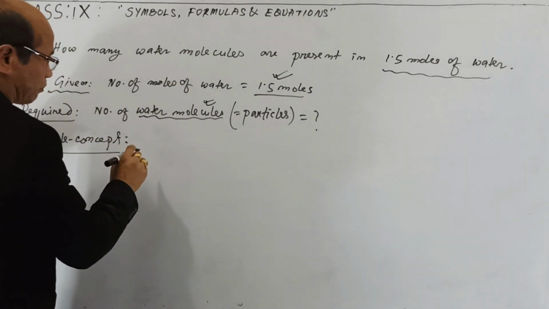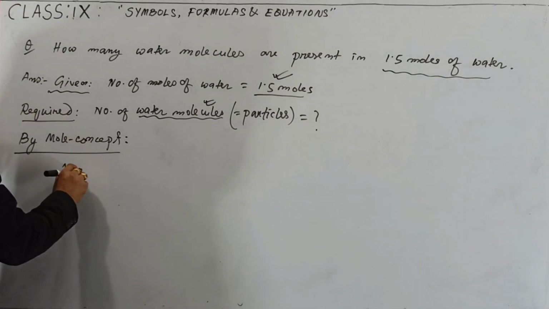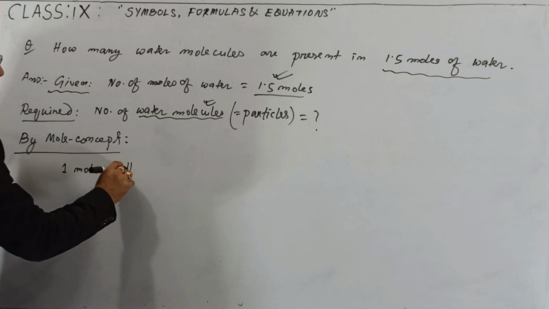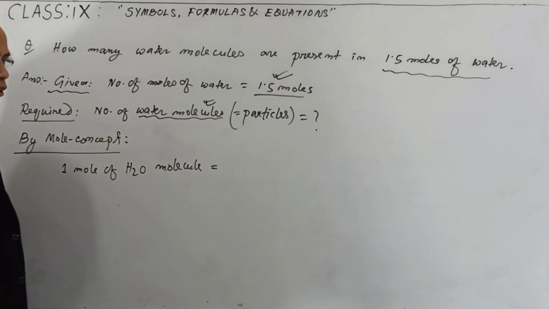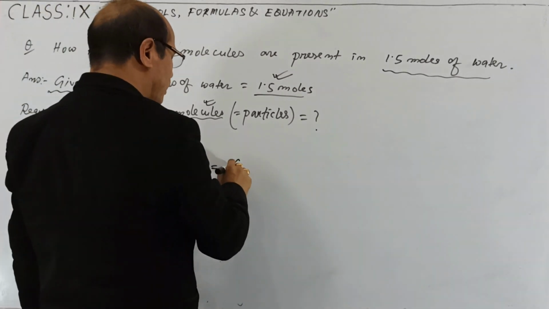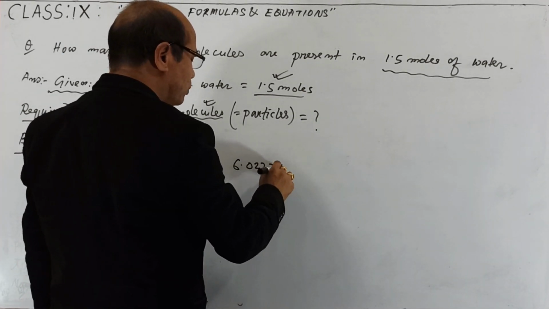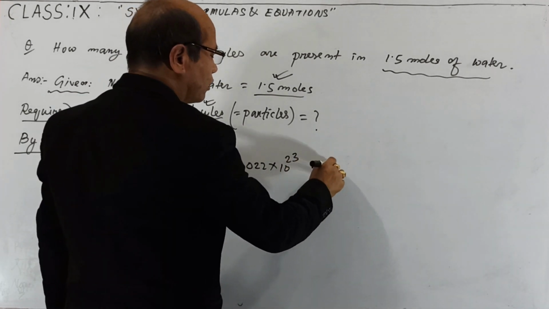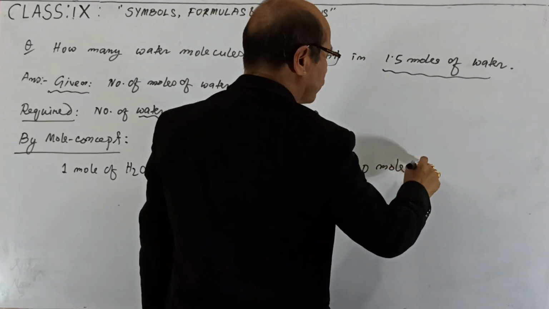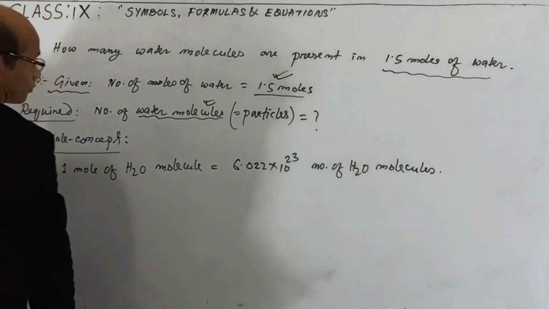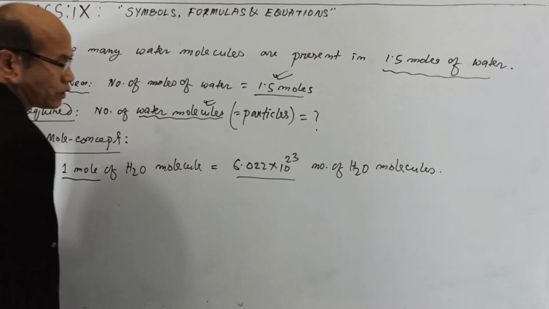Instead, we are going to write like this: 1 mole of water molecule is equal to, when you want to convert into number of particles, Avogadro number, 6.022 into 10 to the power 23 number of H2O molecules. Only in 1 mole of water molecule, this much number of water molecules is there.